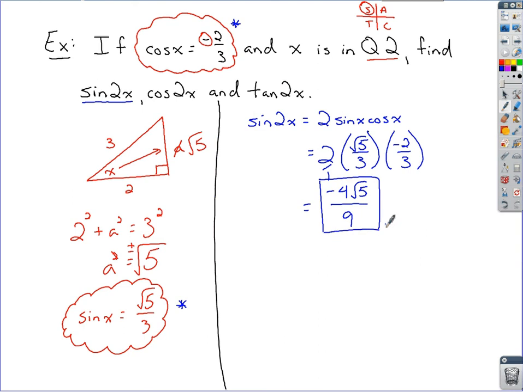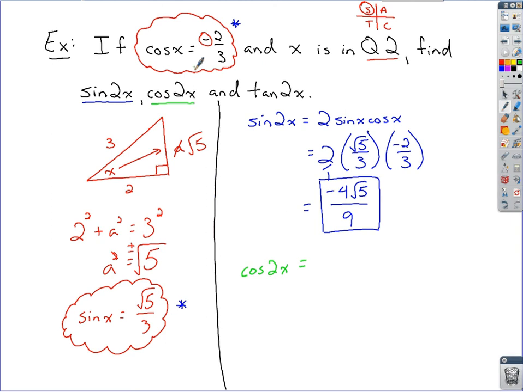All right, next we've got the cosine of 2x we want to find. As you go back and consider formulas for the cosine of 2x, you've got 3 that you can play with. Which one you want to use, completely up to you. We could use any of them now that we know what sine and cosine are.